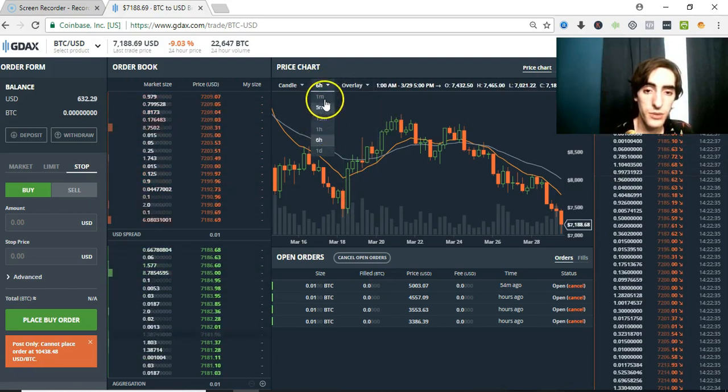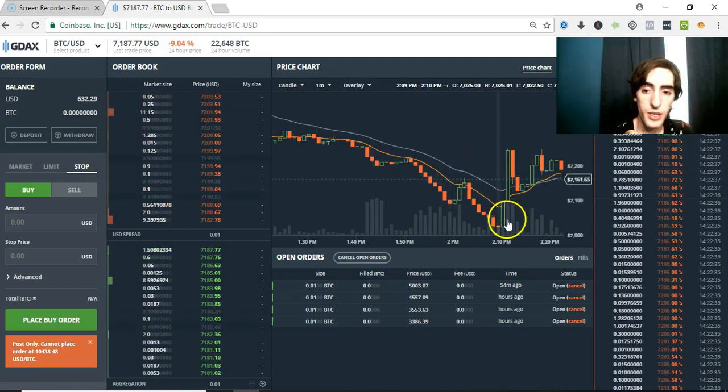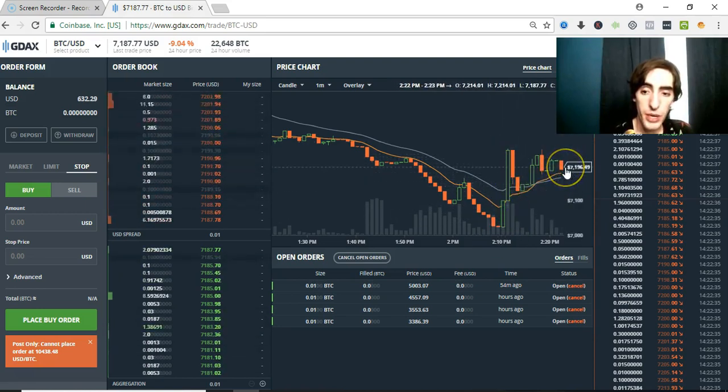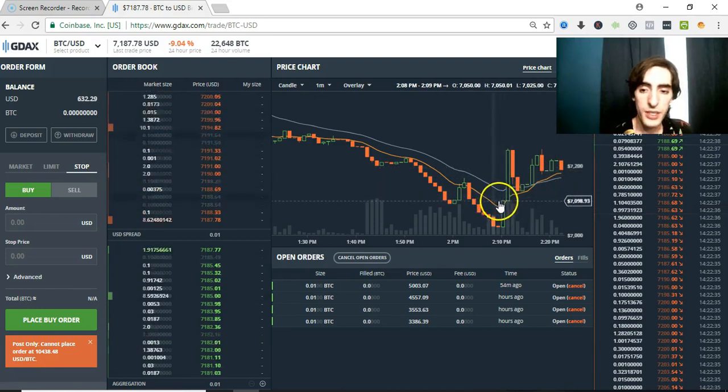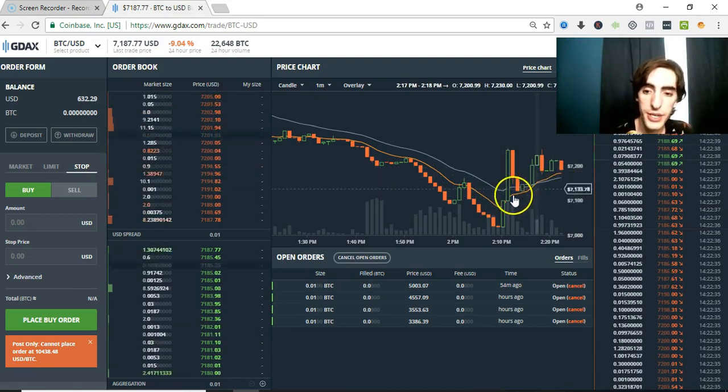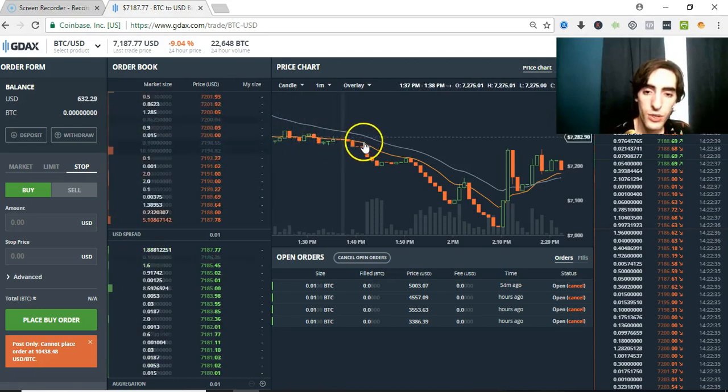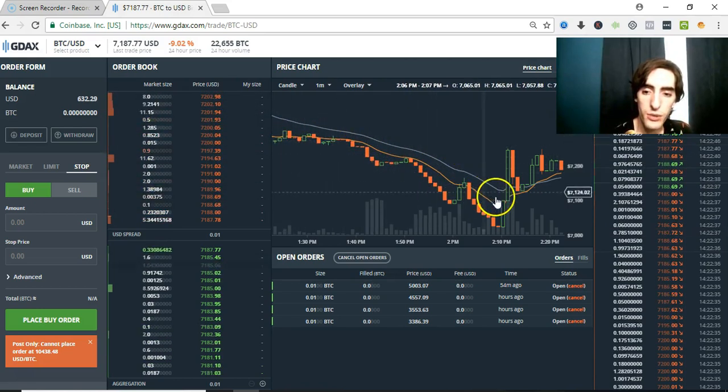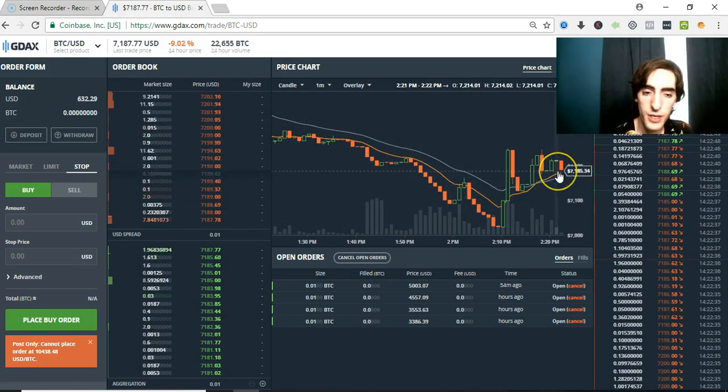So let's go to the 1 minute and see what's going on. We can see this starting to get a little more up action, and it's starting to go above the gray line right here. See how the orange or red line is below, and we can see it start to peak over.